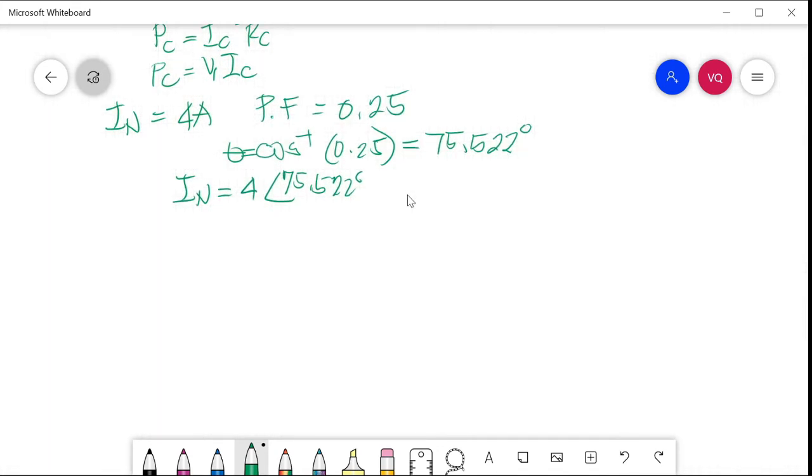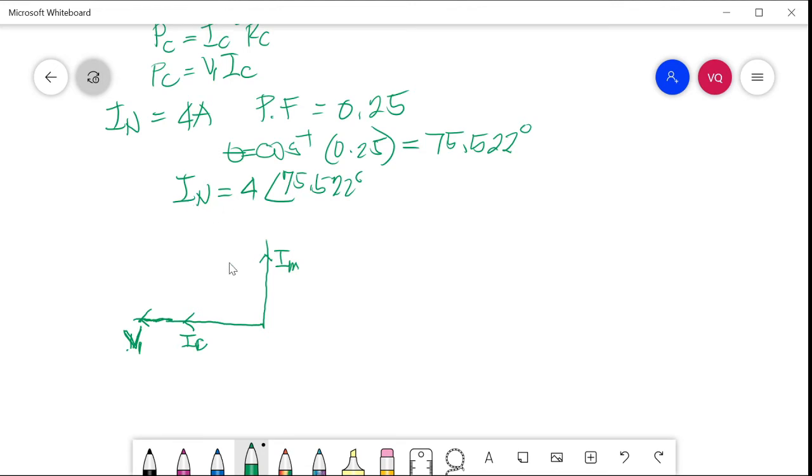From our vector diagram a while ago without the R1 and X1, this is our IM and IC. Also, our input voltage is in phase with IC. This is V1, input voltage.